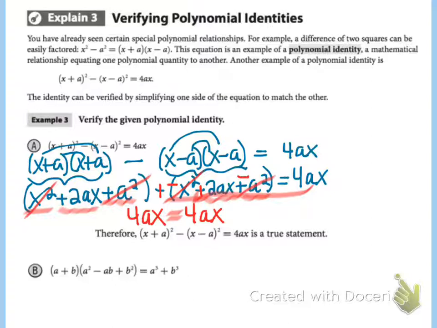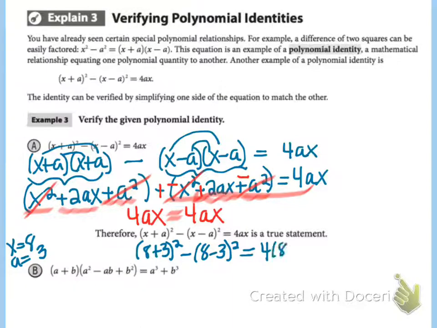Maybe having a specific example would help here. Like, let's say x was 8 and a was, I don't know, 3. So that would be like saying 8 plus 3 squared minus 8 minus 3 squared will equal 4 times 8 times 3. Let's see if that's true. So 8 plus 3 is 11. 11 squared is 121. 8 minus 3 is 5.